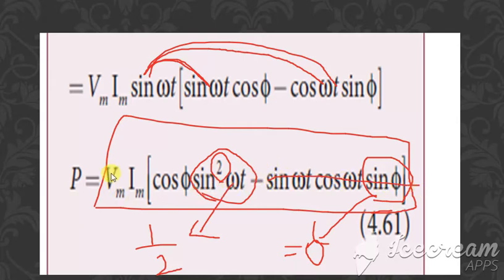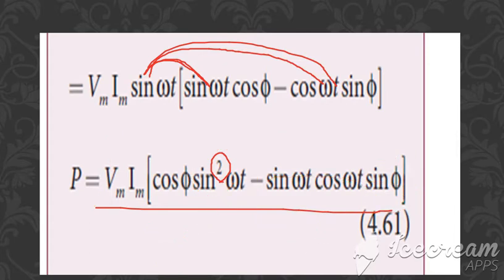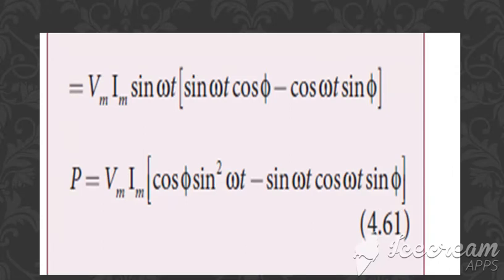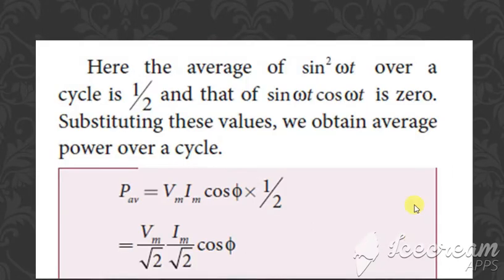So we get only Vm Im cos phi and this half. The average power is given by Vm Im into half into cos phi.